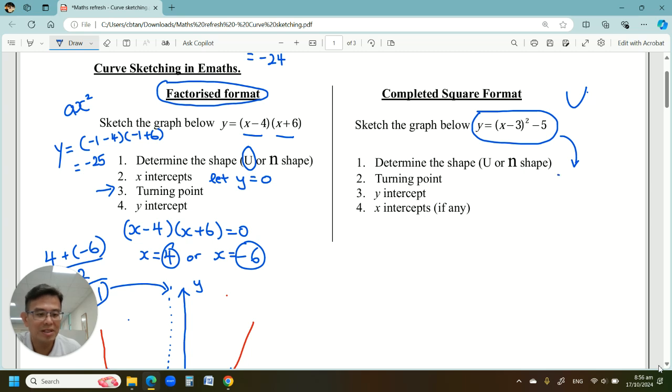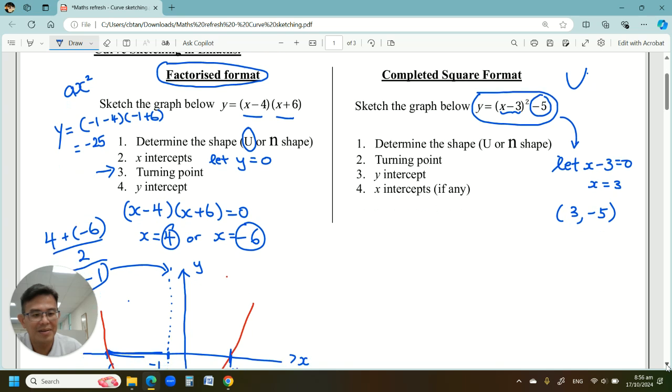So what you will do is you will let x minus 3 be 0. Let this thing inside the bracket be 0 and you get x equals 3. What is the turning point? Now the turning point is simply 3 and then take this value, the minus 5, take down. Okay, that's it. You already got a turning point.